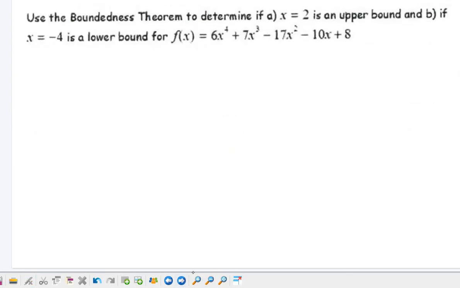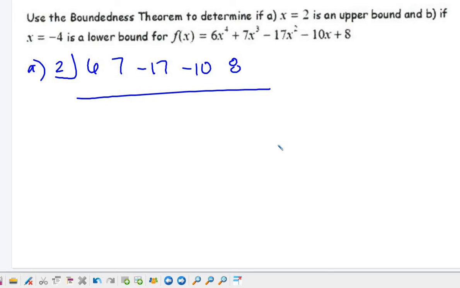Okay, so use the boundedness theorem to determine A, if 2 is an upper bound. So I'm going to plug in 2. So 4, 3, 2, 1, 0. So 6, 7, negative 17, negative 10, 8. Remember, for an upper bound, we're looking for the entire bottom row to be all non-negative.